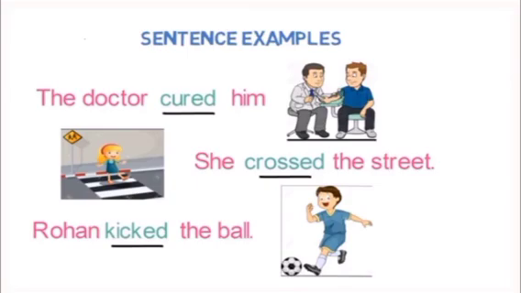Here, crossed is the action and street is the direct object, so it is a transitive verb. The next sentence is, Rohan kicked the ball. Here, kicked is the action performed by Rohan and ball is the direct object on which the action is performed, so it is a transitive verb.